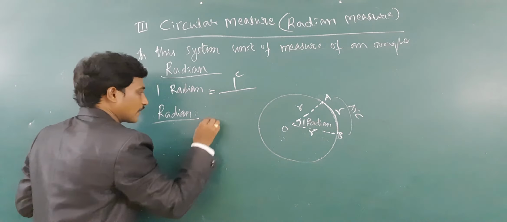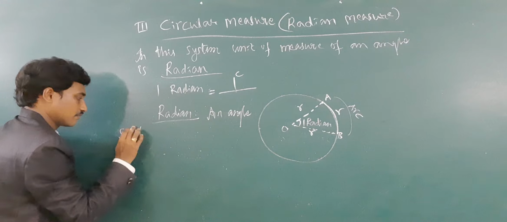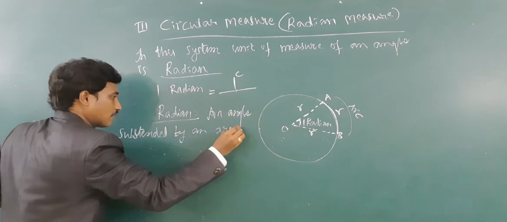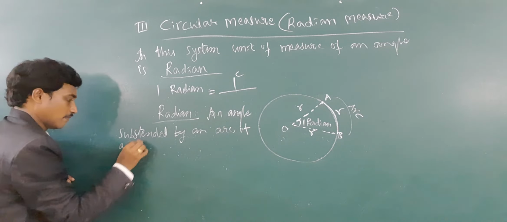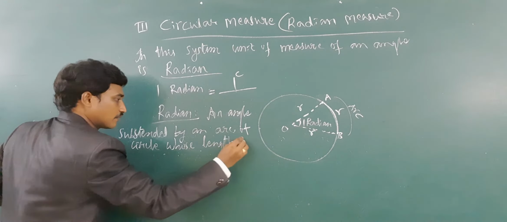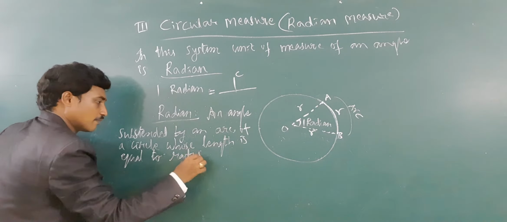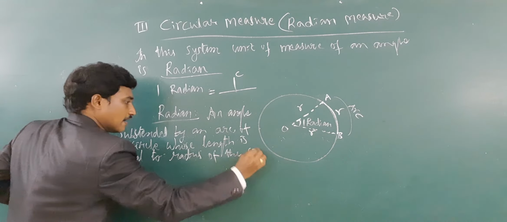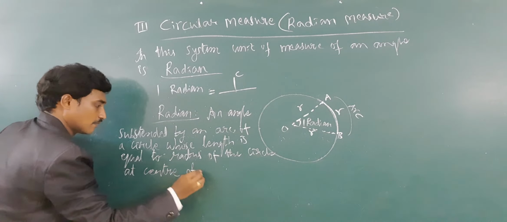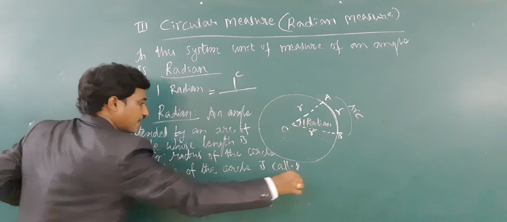An angle subtended by an arc of a circle whose length is equal to the radius of the circle, at the center of the circle, is called a radian.